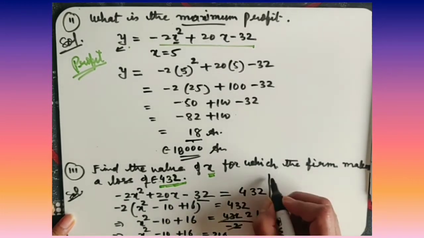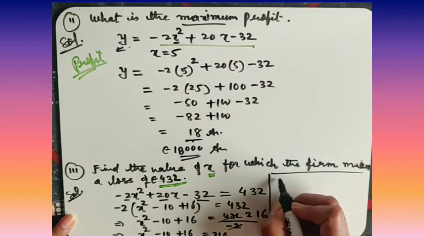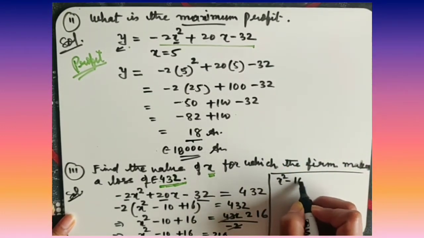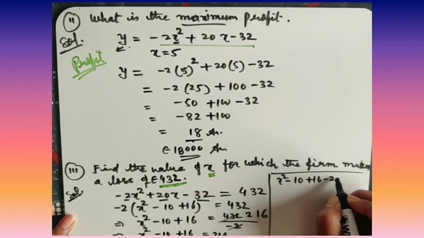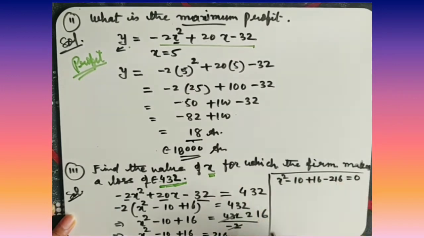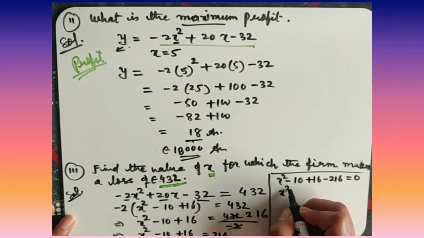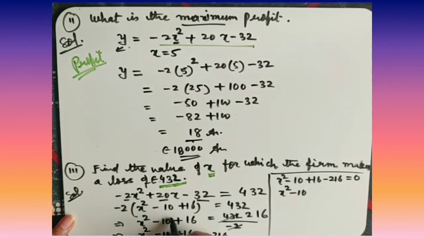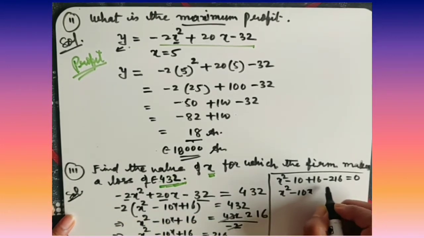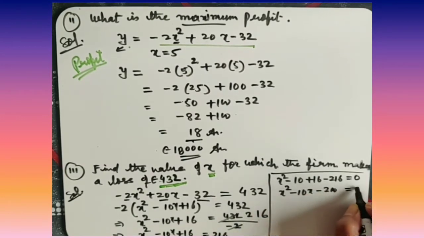Now bring 216 to the left side before the equal sign: x squared minus 10x plus 16 minus 216 equals 0. Now we have the new equation, x squared minus 10x minus 200 equals 0.